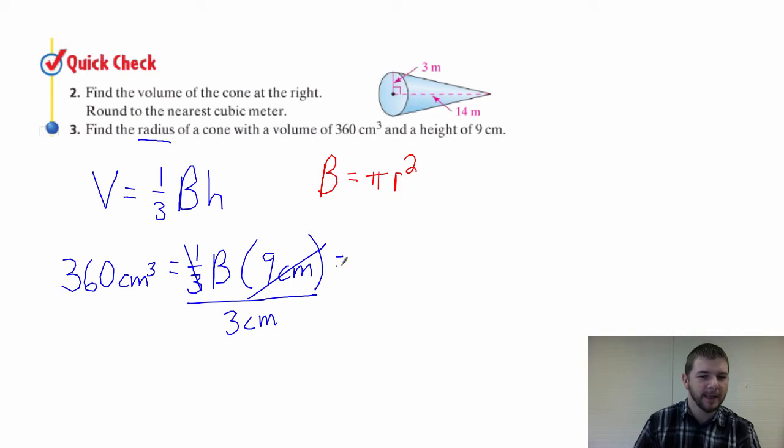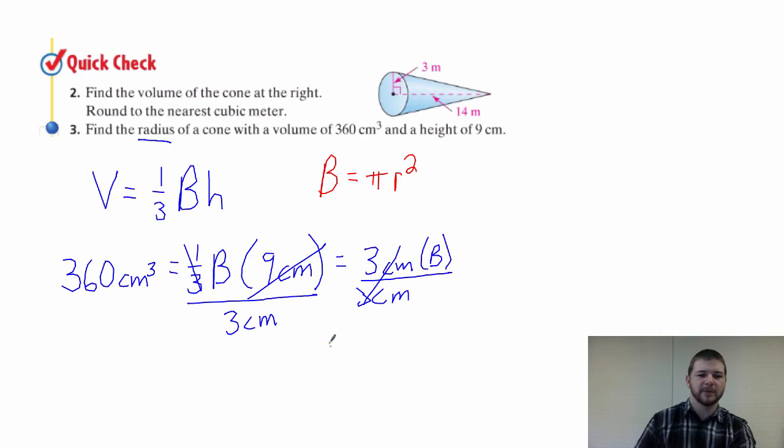Because, even though I didn't write it, we could have rewritten the numerator here as being just 3 centimeters times B. I kind of skipped a step there. Let's see how those cancel and we're just left with B. The same thing works. I just didn't show all of those steps here to the left.